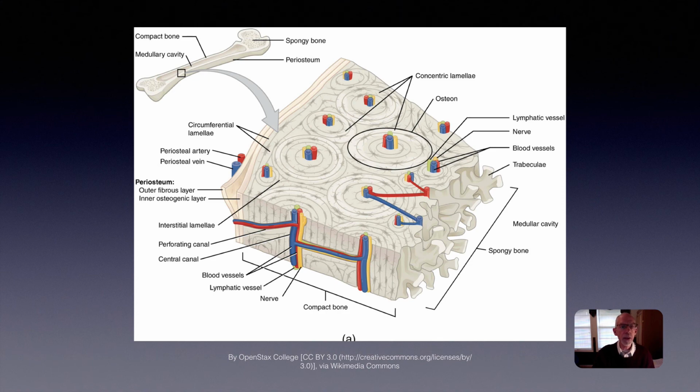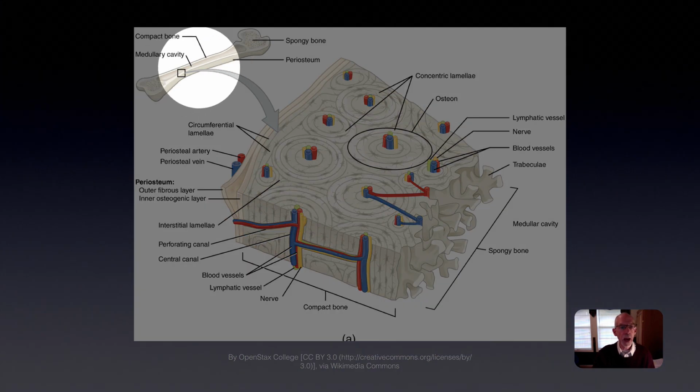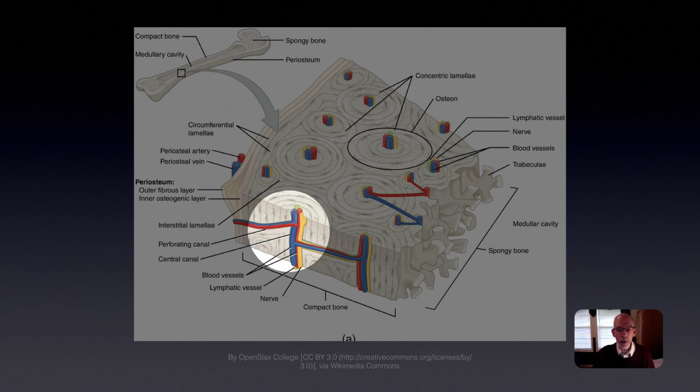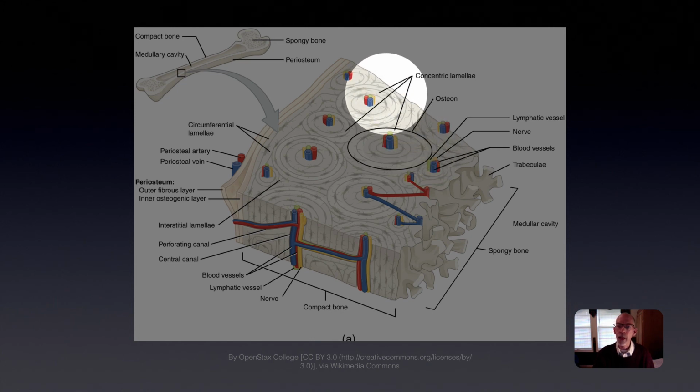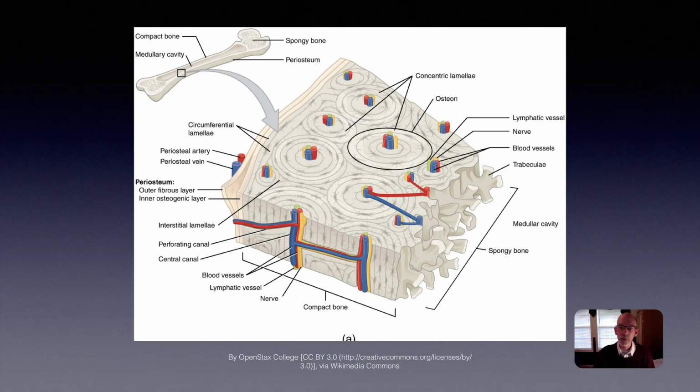If you look down the length of the diaphysis, what you would find is these osteons running the length of the diaphysis. Here's an osteon, and as you can see, it consists of a number of parts: some things called concentric lamellae, and an area called the central canal, which contains blood vessels, nerves, and lymphatic vessels.